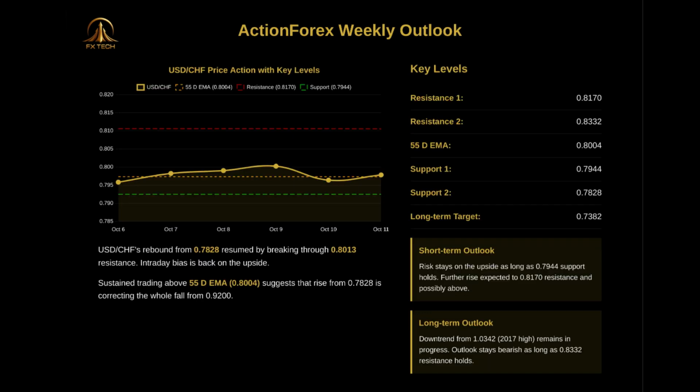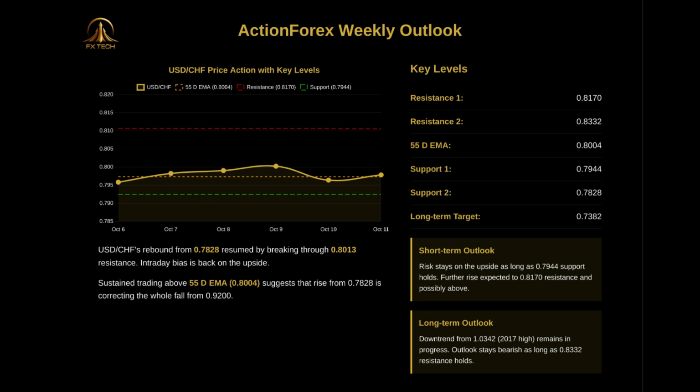Action Forex's weekly outlook from October 11th provides crucial insights into the pair's technical structure. USD/CHF's rebound from 0.7828 has resumed by breaking through 0.8013 resistance, shifting the intraday bias back to the upside. This is a significant technical development.